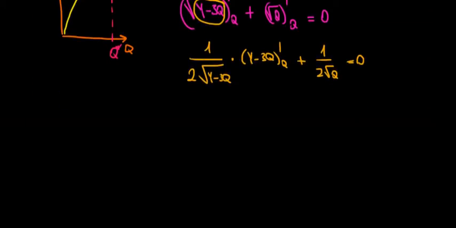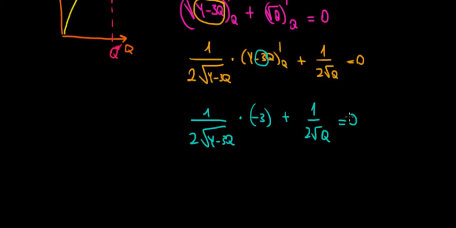Okay, let's keep going. 1 over 2 square root of y minus 3q multiplied with, now what is the derivative of y minus 3q? Well, we will have only the constant minus 3. That will be the derivative left from here. So times minus 3 plus 1 over 2 square root of q equals 0.